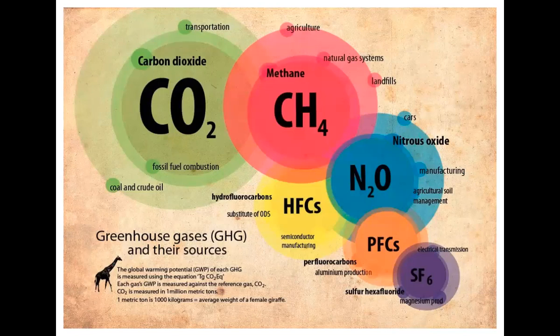And then you have nitrous oxide, which we're getting from cars and manufacturing. These are just some other examples, but the big one is CO2. You will see methane a lot, but CO2 is the big one.